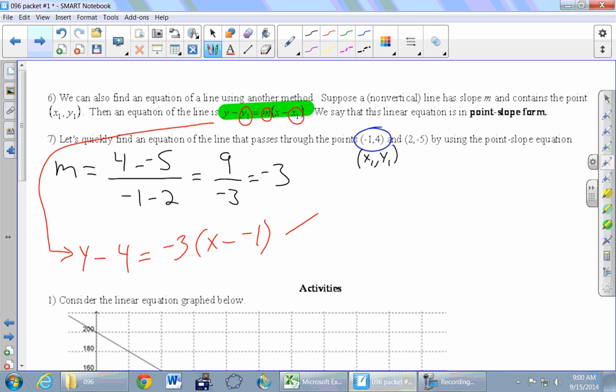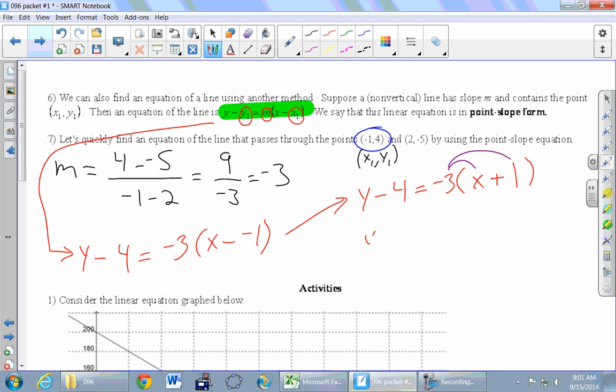Okay, so in theory, that's the end of the game. That is a perfectly valid equation of the line that we were after, but typically you solve the equation for y. So let's do that. I'm going to copy the left-hand side. I'm going to copy the -3. Inside simplifies to x plus 1, right? Minus minus 1 is plus 1. And then what do we do with that negative 3? We've got to distribute. There's no other thing we can do at this moment.